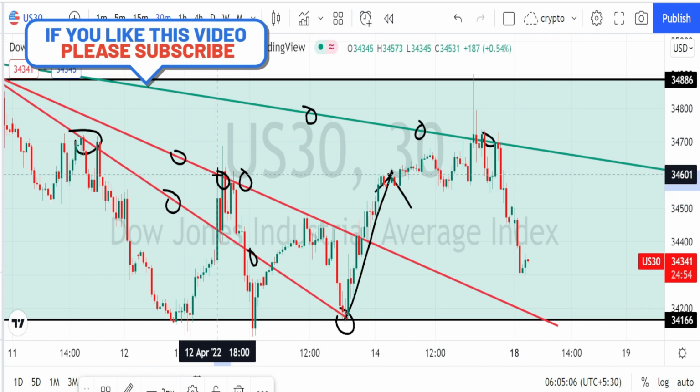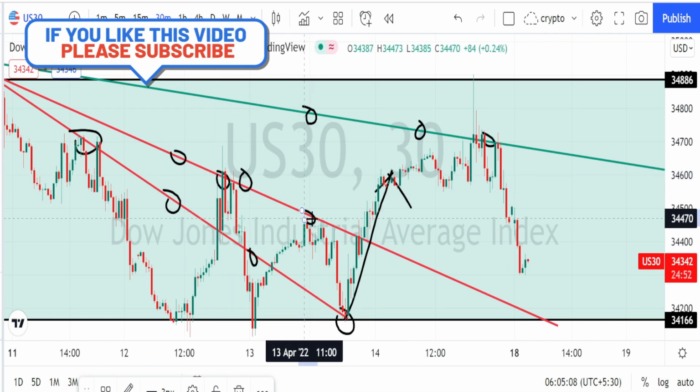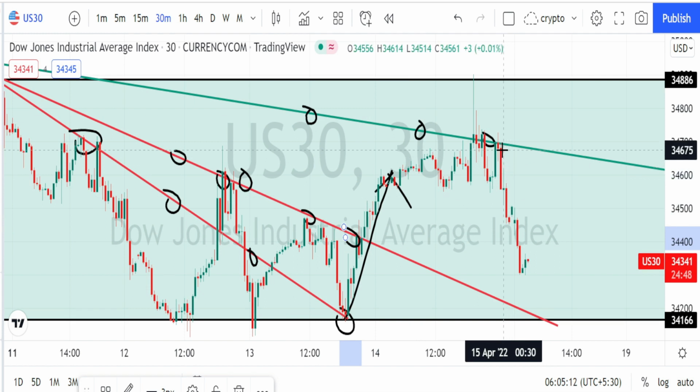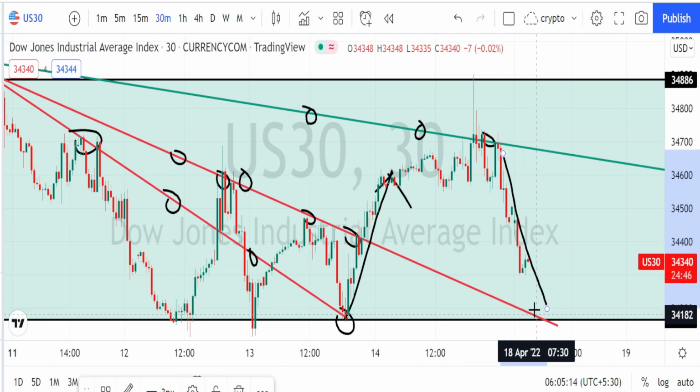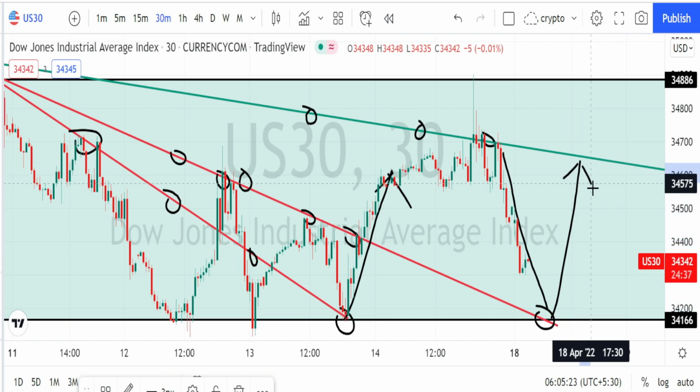Again, the price action respected this second level of resistance line, and currently the price action is in a bearish trend reversal. So I am expecting the price action to take support on this trend line or support line from 30 minutes time frame and to bounce back on the bullish trend reversal.